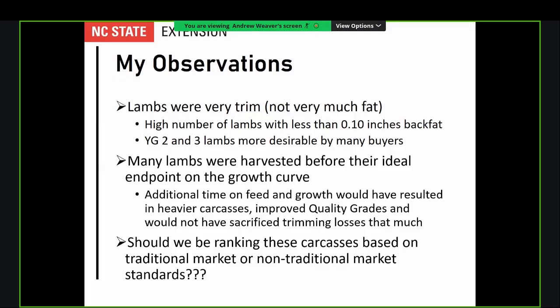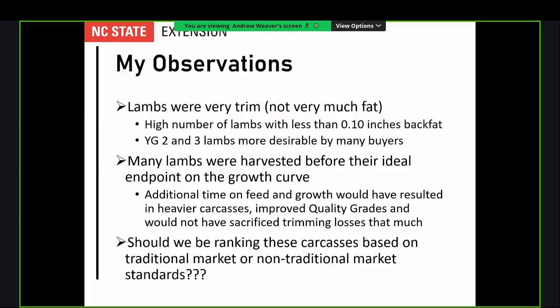And so we need to think about the fact that in these non-traditional markets, there is no value determination based on a USDA yield grade, a quality grade, a ribeye area, any of that. It's all visual appraisal of shapeliness and animal conformation.